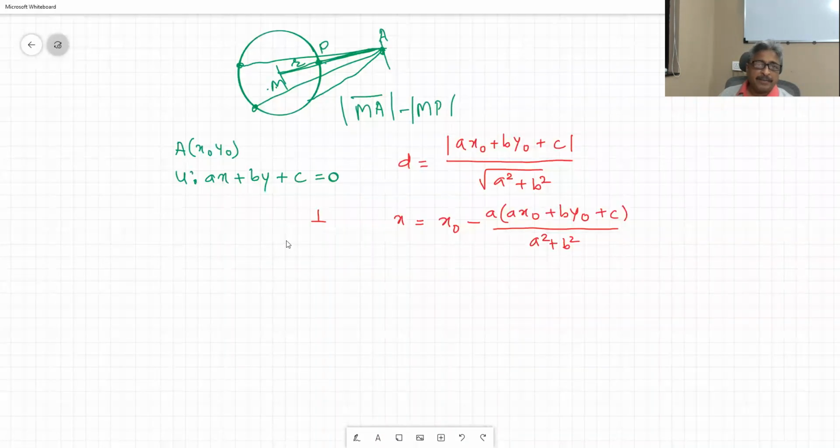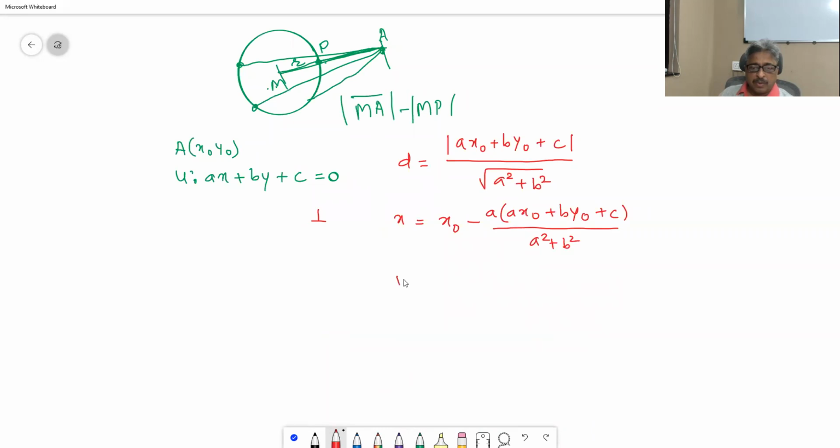And what is y? Y is equal to y naught minus b into (a x naught plus b y naught plus c) divided by (a square plus b square).